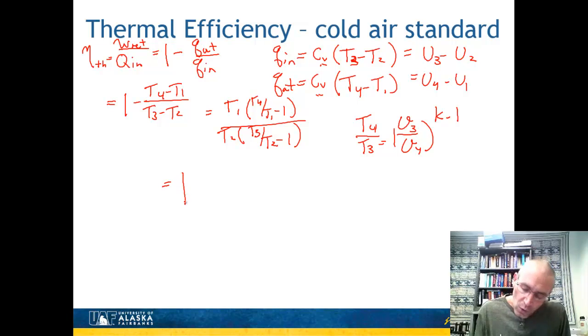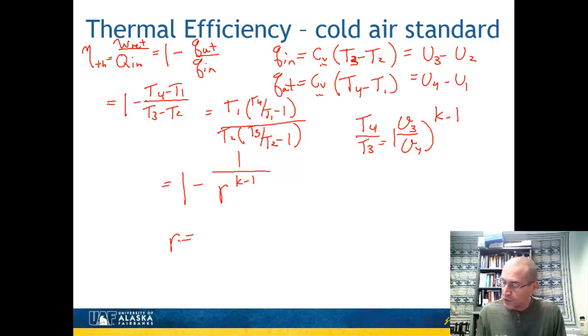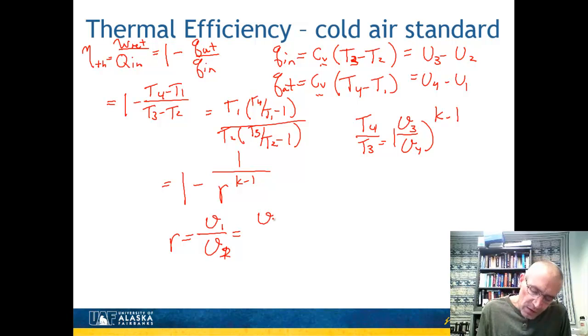This becomes 1 minus 1 over r to the k minus 1, where r is what we call the compression ratio. For example, it would be V1 over V4, which is the same as V1 over V2, which is the same as V4 over V3.